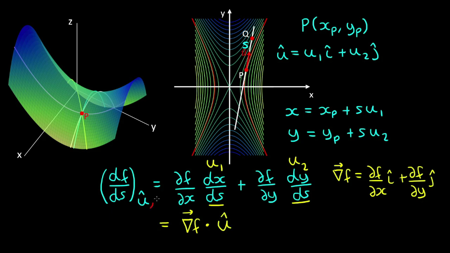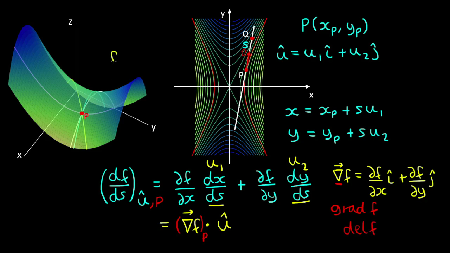And if we're evaluating this derivative at point P, then the gradient of f is also evaluated at point P. So this is denoted by the upside down triangle symbol and also called grad f, the gradient of f, or del f.